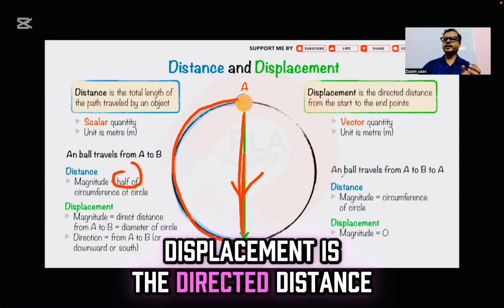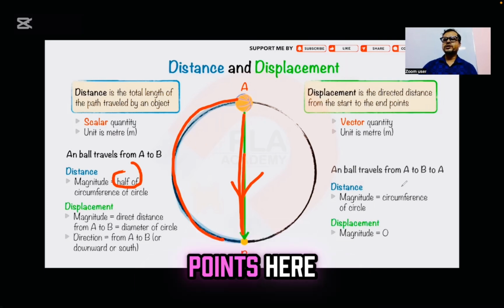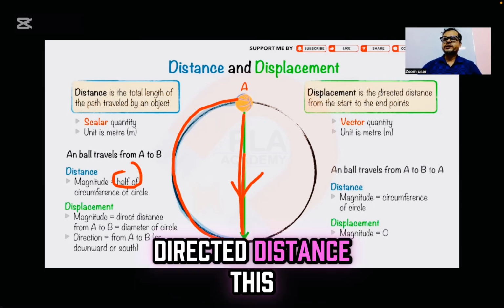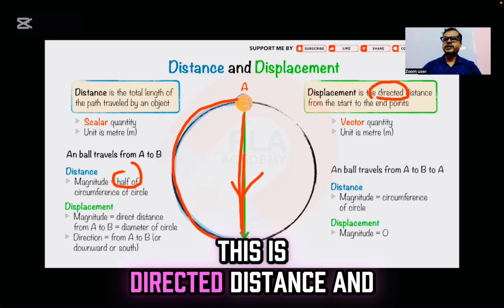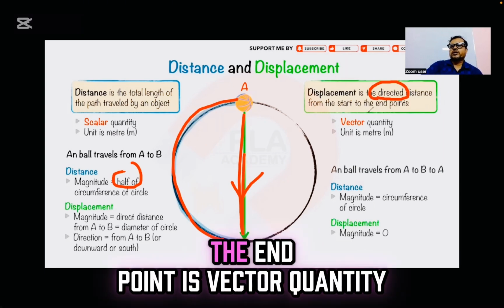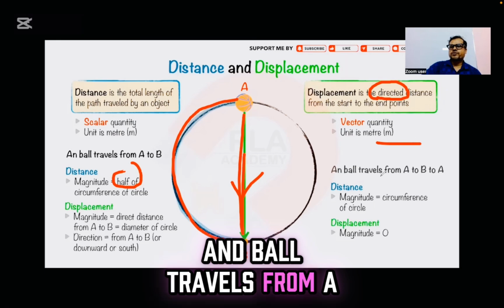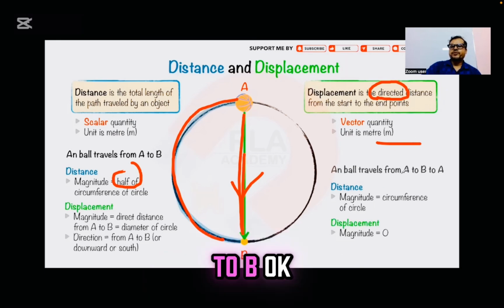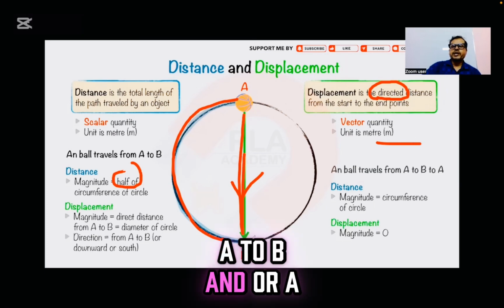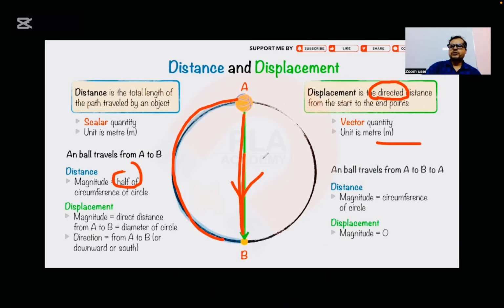Displacement is the directed distance from the start to the end point. It is a vector quantity, unit meter. The ball travels from A to B.